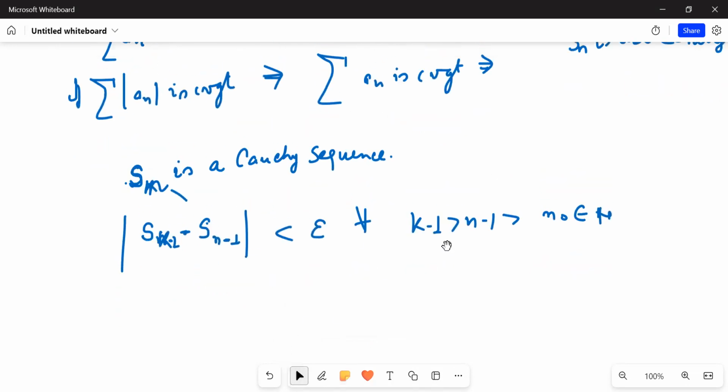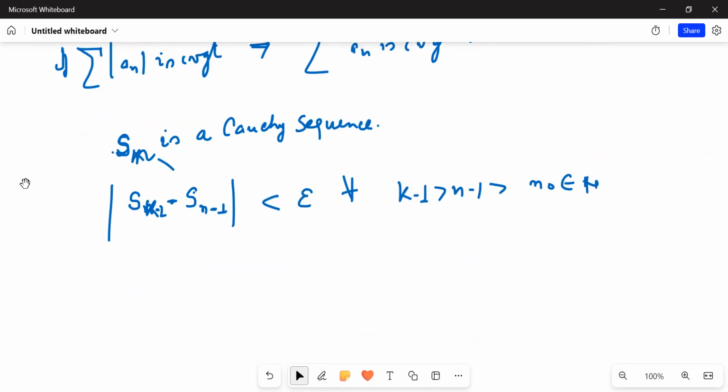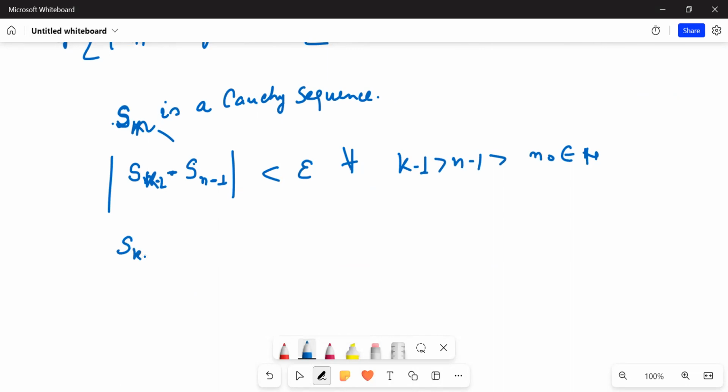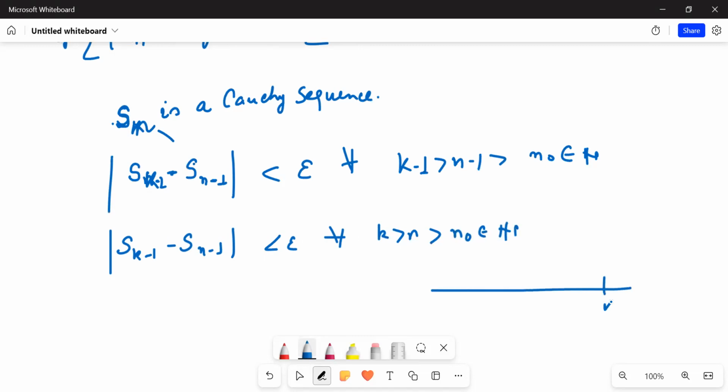Because here you don't have n plus 1, so basically in order to preserve the structure of this particular question. Now remember this, here is k minus 1 and here is n minus 1.